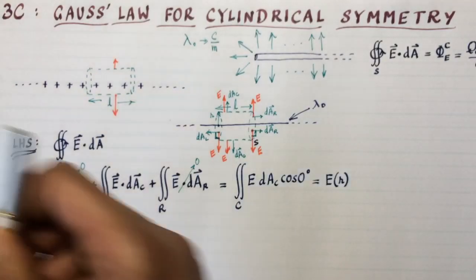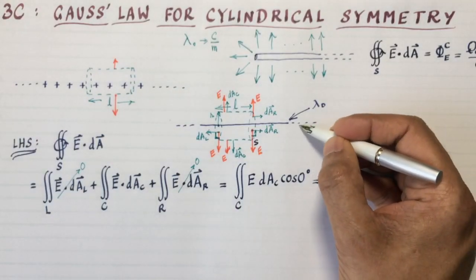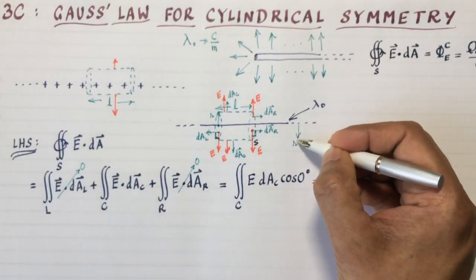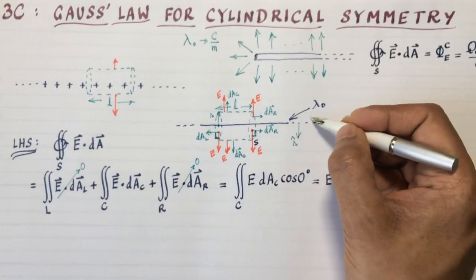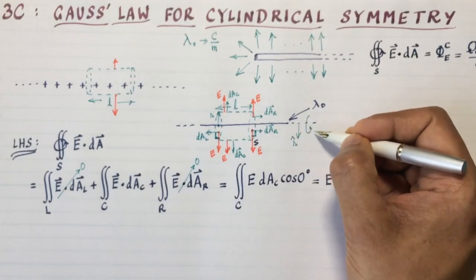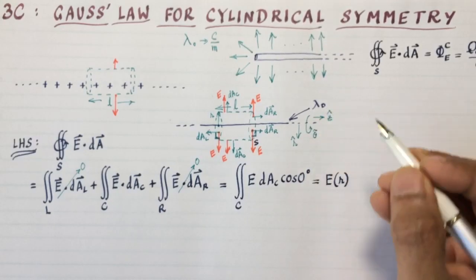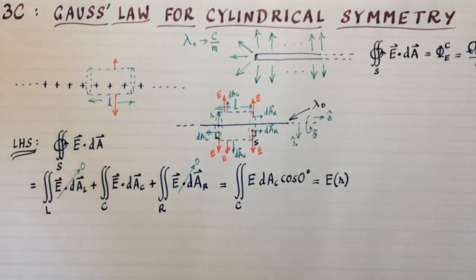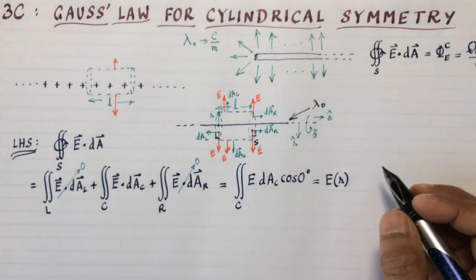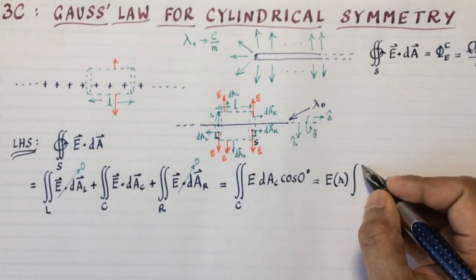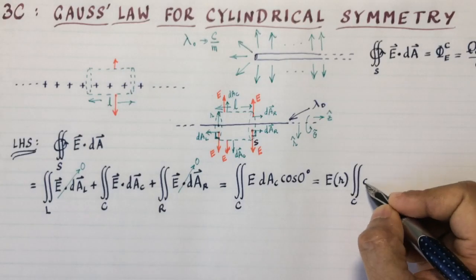I should remind you that in cylindrical coordinates we have the cylindrical coordinate system, r hat, the angle theta hat, and the axial z hat. So it's a three-dimensional coordinate system. So then I have the integral over the curved surface, dA curved.